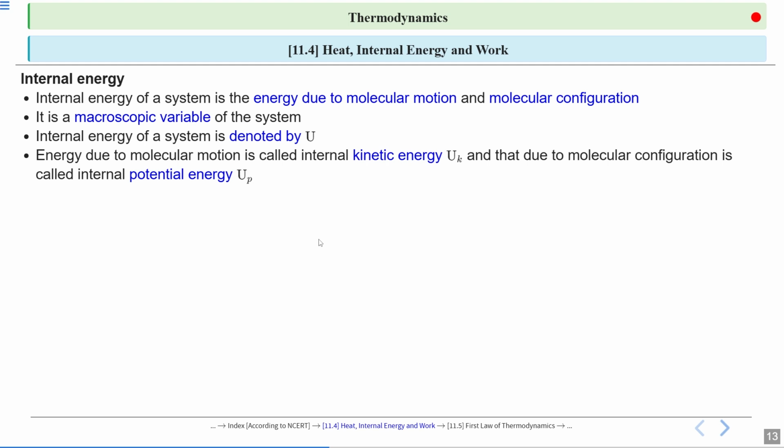The sum of internal kinetic energy UK and internal potential energy UP is equal to internal energy. Mathematically, total internal energy U is equal to UK plus UP.